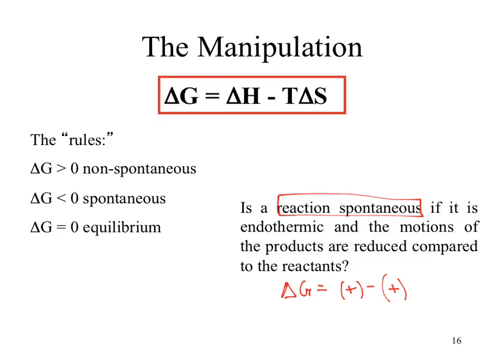Said another way, we decrease motion, which means delta S has to be negative. Positive, what happens with these two negatives? They cancel out. A positive and a positive gives us positive.